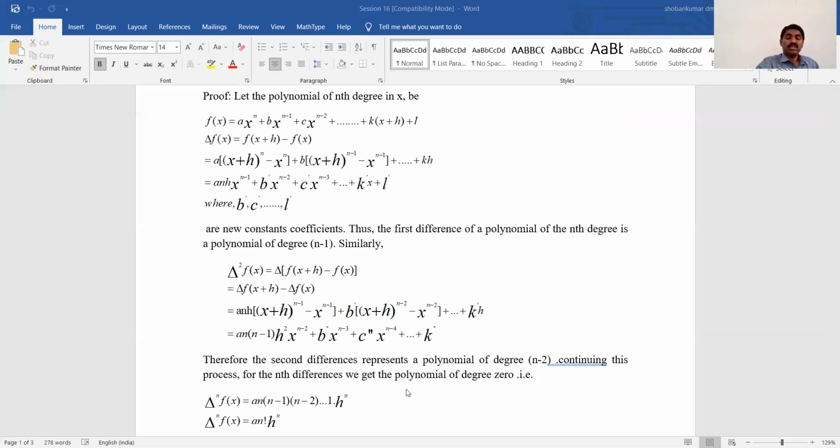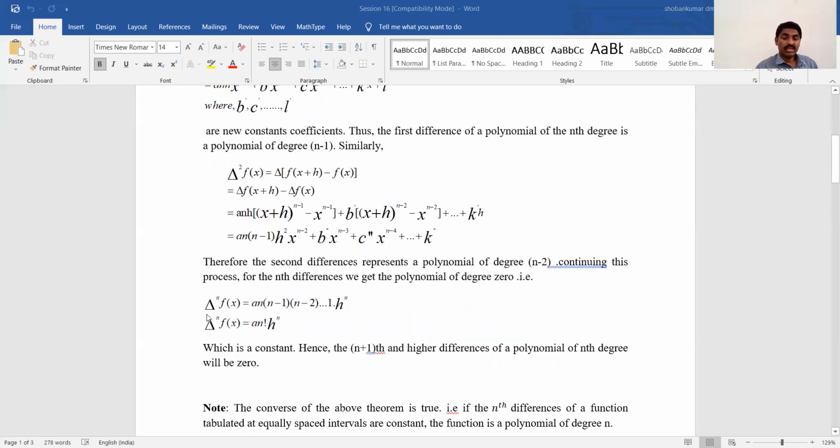Continuing like this, for the nth difference we get a polynomial of degree 0, because on applying delta, the degree is reduced by one. Here x to the power n, after applying delta, the degree reduces to n minus 1, and again applying delta on this function, the degree reduces to n minus 2, and so on. Applying the nth forward difference, delta raised to n, on this function, the degree should be 0.